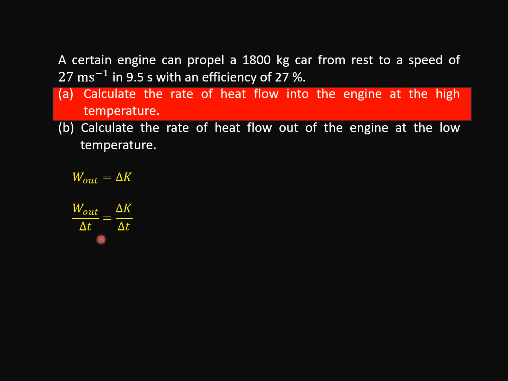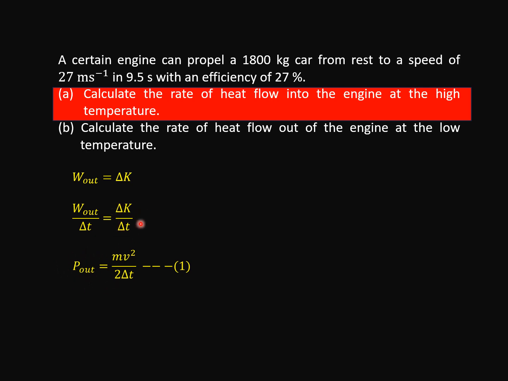So we divide the output work by the time, delta T, and the delta K also we divide by the delta T. Rate of the output work, we express it by P out. That means this is the power of the output.